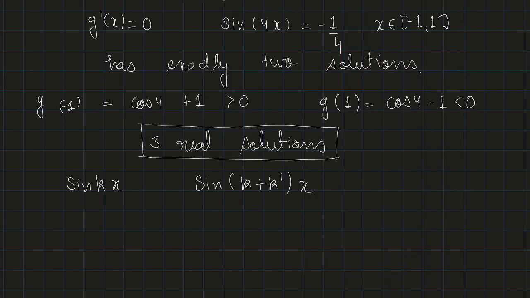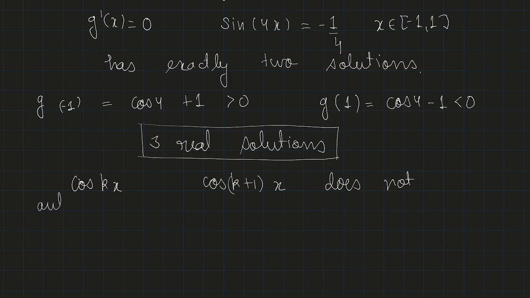I'm writing it here for sine, but the same applies for cos, because we are studying cos, so keep cos kx and cos (k plus 1)x, or k plus 2. It doesn't have to be just k plus 1. It does not automatically increase the number of solutions.